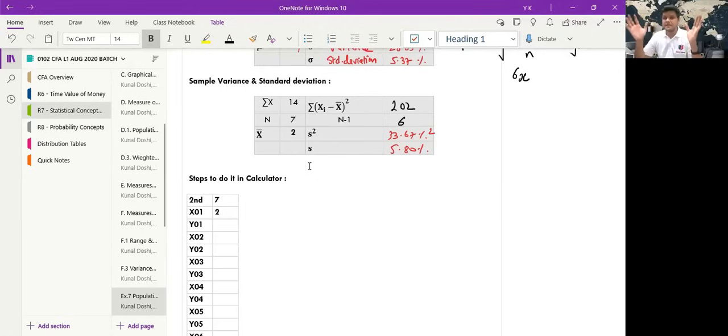Y01. Y01 means second variable. Do you have a second variable? No, you have only one stock here, right? If you skip it, it is by default set at 1. So just press the down arrow.